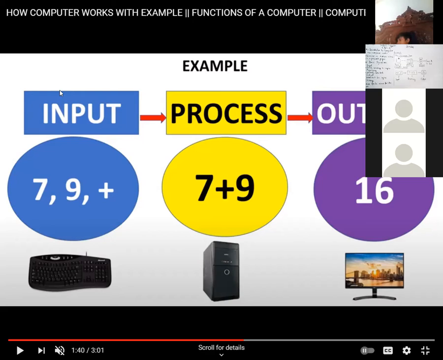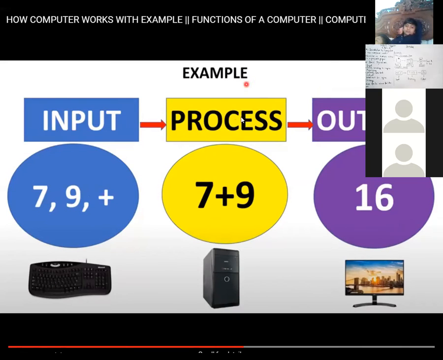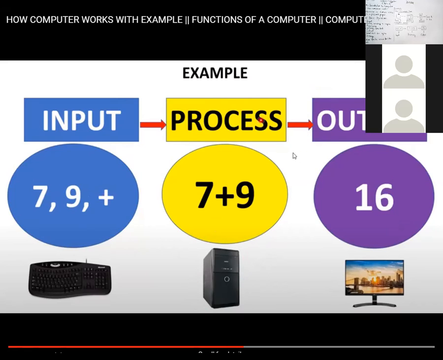So I'm just repeating it. First of all, we will give the input to the computer through this keyboard, and then the computer will process it through the CPU, and after that the information will be displayed on the screen as the output.